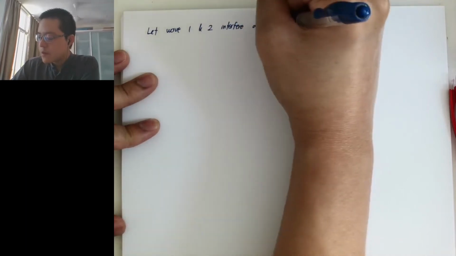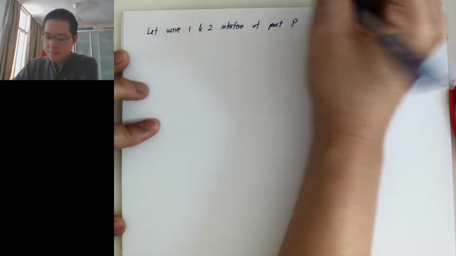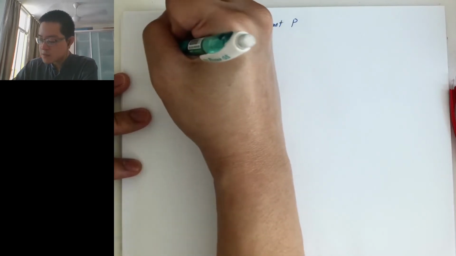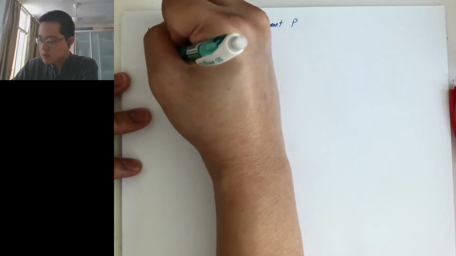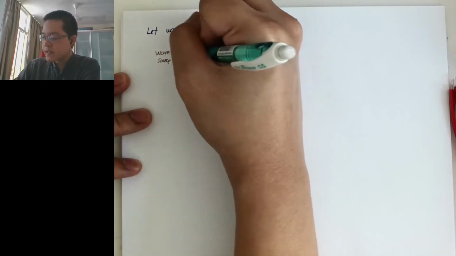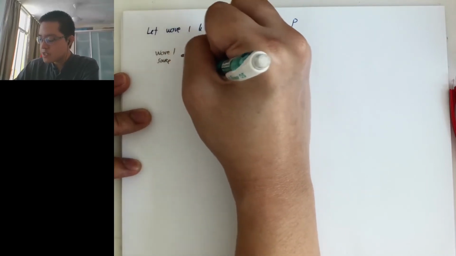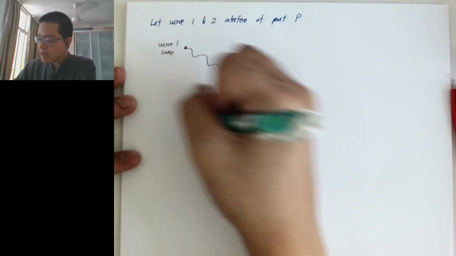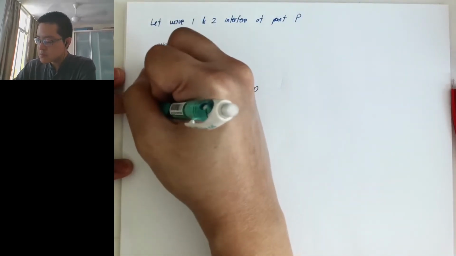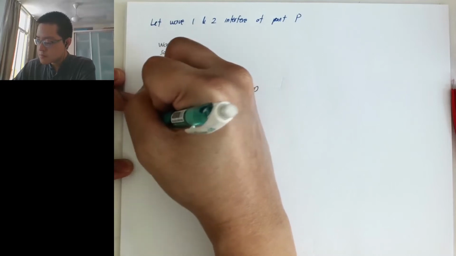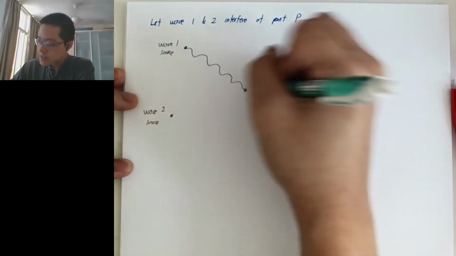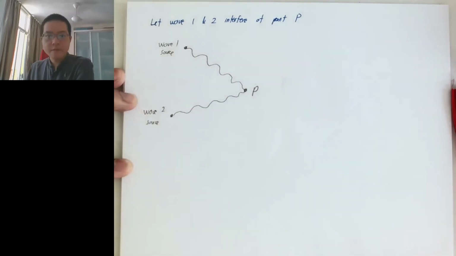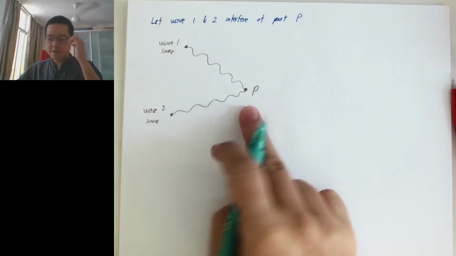at point P. Let's say this is my wave 1 source, shining a light at point P. Then I have another wave, a wave 2 source, and I shine the light until point P. And then I see what is the result of this interference.